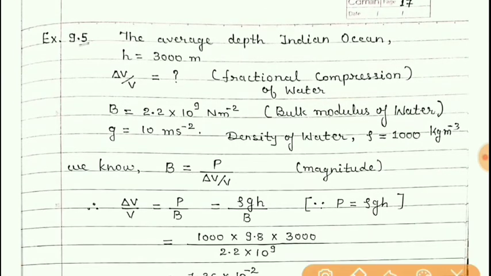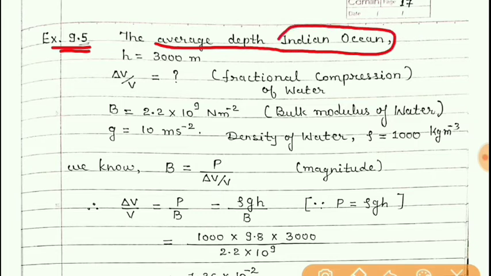Now example number 9.5. Here it is given that the average depth of the Indian Ocean is about 3000 meter, meaning 3 kilometer. That depth is denoted by H. Now the water which is at the base is compressed due to the pressure of the upper water.